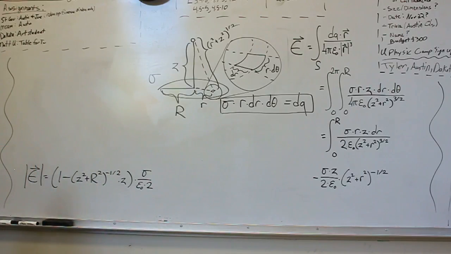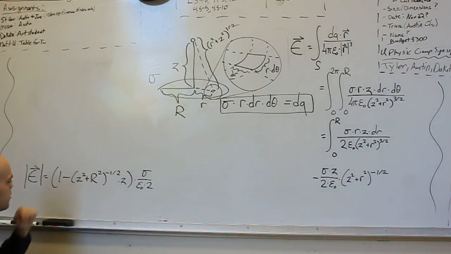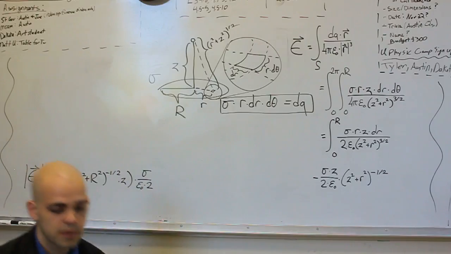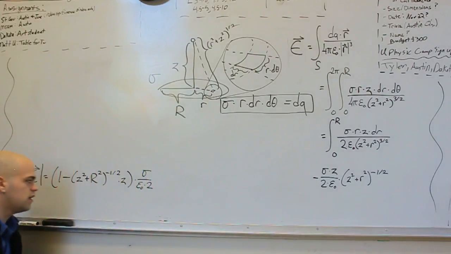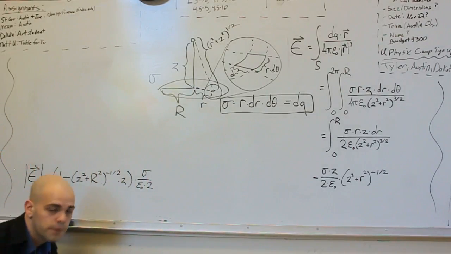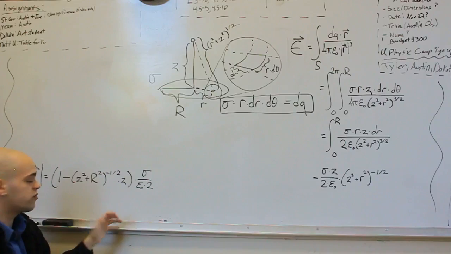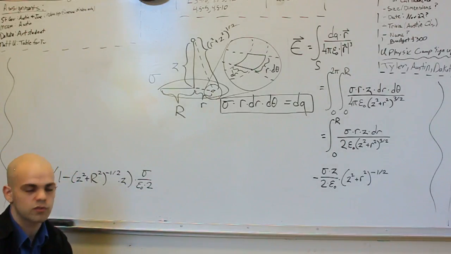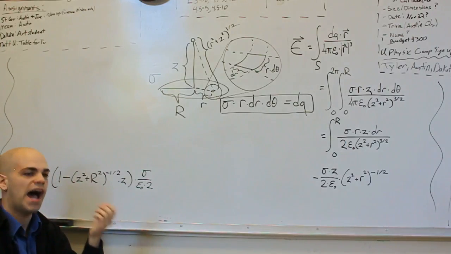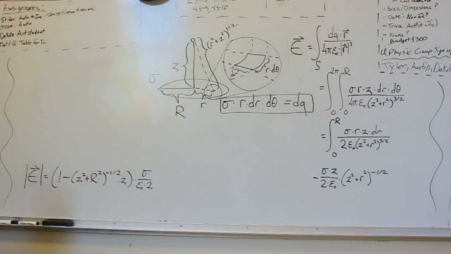Okay, now that's perfectly straightforward, it's completely analytical, but there's a problem with it, which is that we can't analyze the behavior quite yet. Remember, the second part of problem 4 is that we have to analyze the function's behavior as z goes to infinity and as z goes to 0. Now we don't want to just take the limit, because we're not just looking for the value of what the field is, we want to know the behavior, which is to say how the function approaches its limiting values.